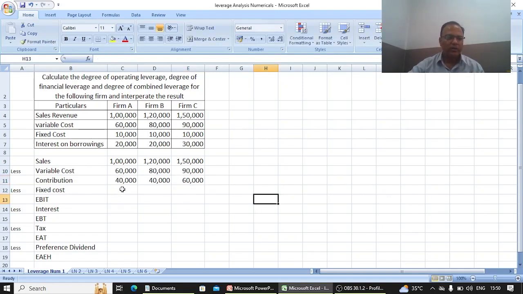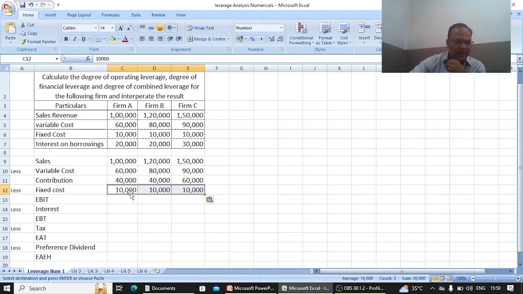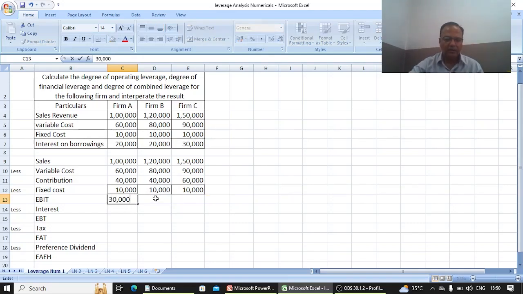Now less fixed cost. Here it is given 10, 10, 10. I'm using the shortcut key 10, 10, 10. Now again you have to deduct fixed cost from the contribution. Now EBIT is 30,000, 30,000, and 50,000.